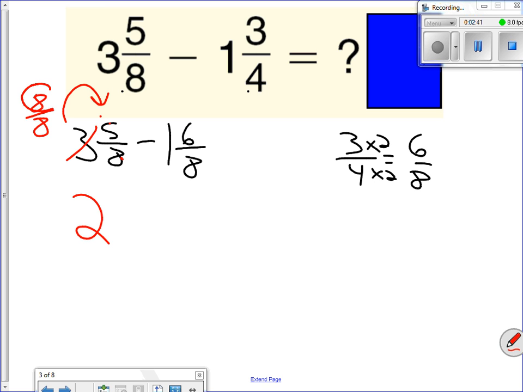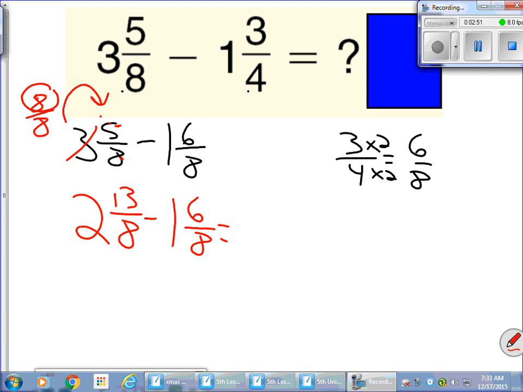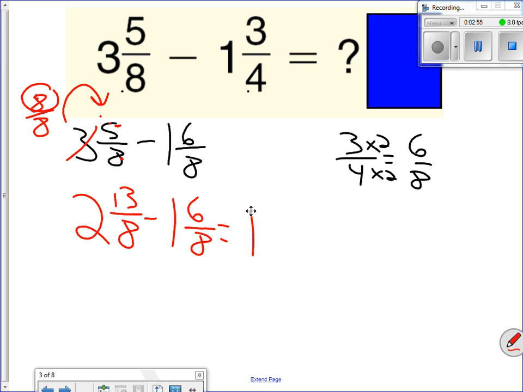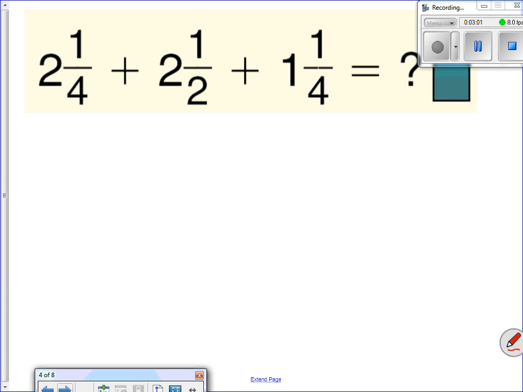So technically, we're adding 8 plus 5 to get 13/8 minus 1 and 6/8. Subtract this across now. 2 minus 1 is 1. 13 minus 6 gives me 7/8. 1 and 7/8.